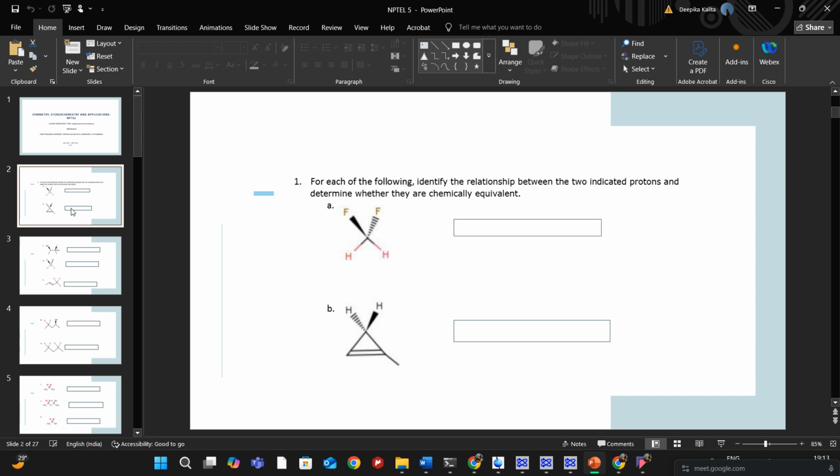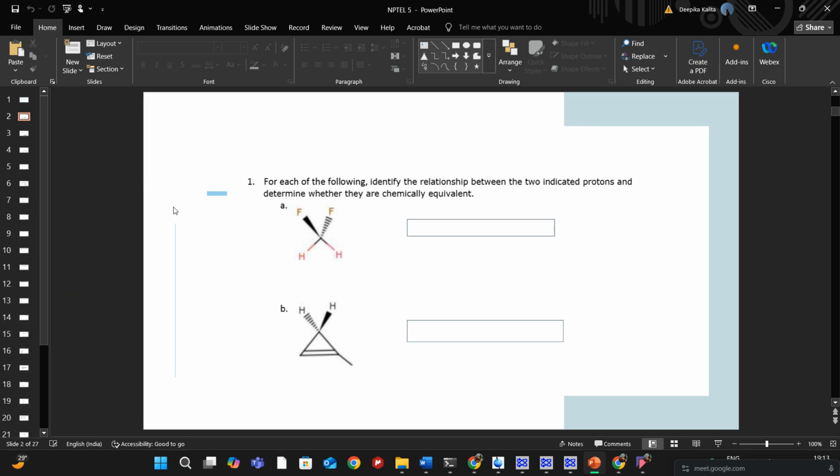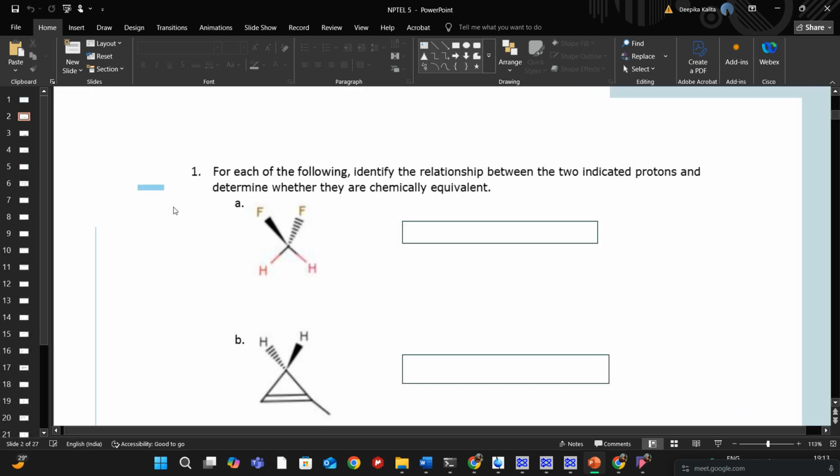So let us start from the first question. For each of the following, identify the relationship between the two indicated protons and determine whether they are chemically equivalent.